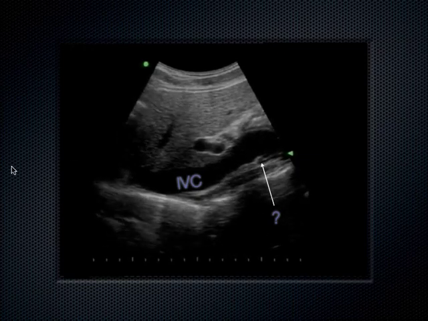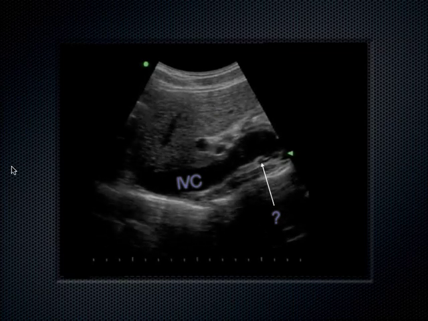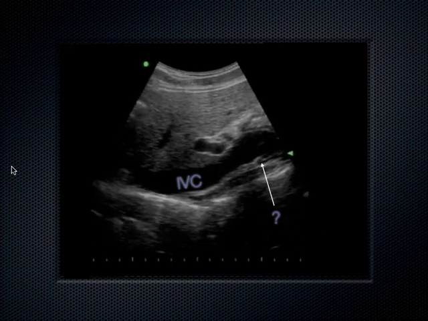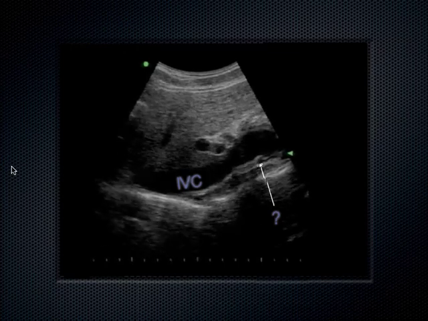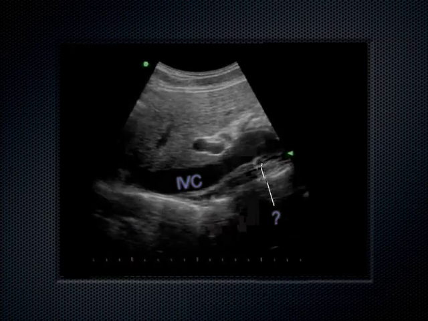Another reason why I like the transverse view better, because I can see at the same time on the transverse view, both IVC and aorta together. Sagittal, you only get to see one or the other. So it's very possible to mistake aorta and say it's normal. Another good reason to go transverse. But anyways, this is the IVC, because I see the liver everywhere.